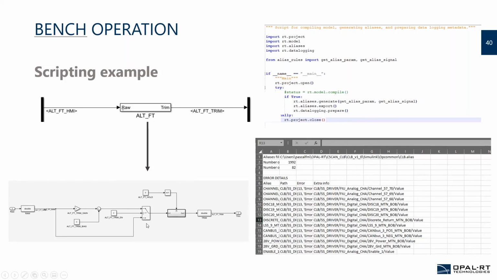The block structure is kind of simple, but we also develop a script for that. This block is automatically scanned in the models, and every time we compile a new model, this subset of Python script from our API will generate a report and create aliases, a unique name value for each signal in the model.